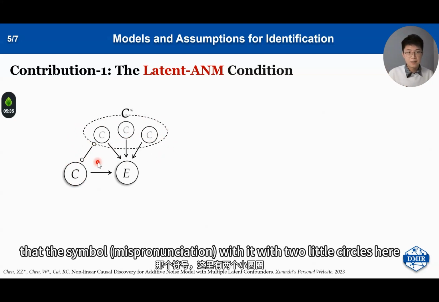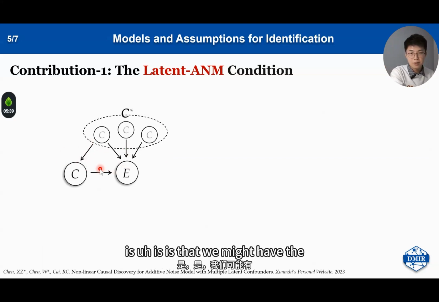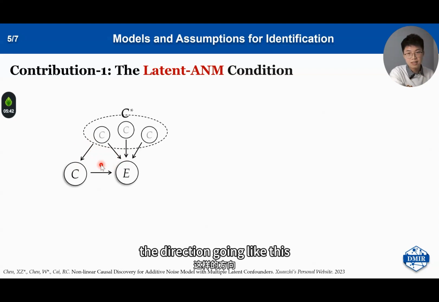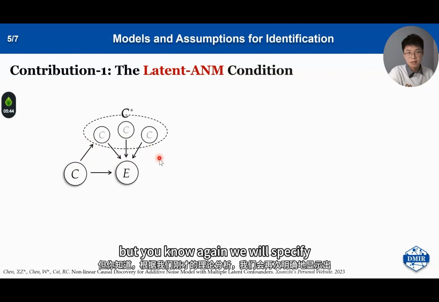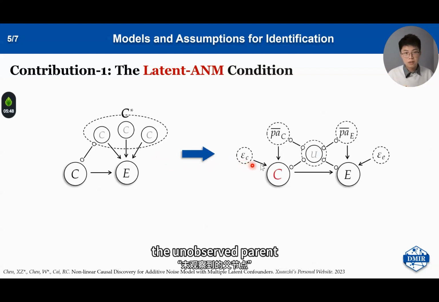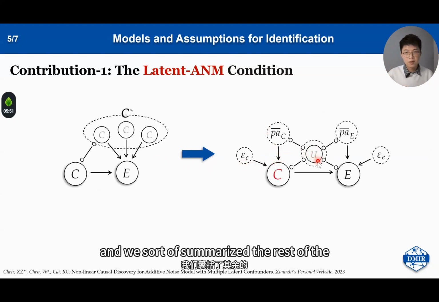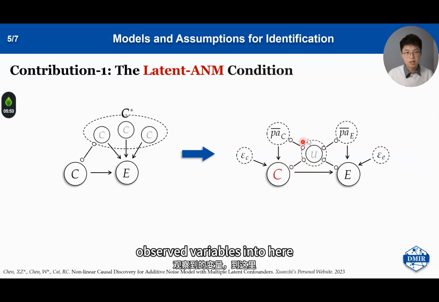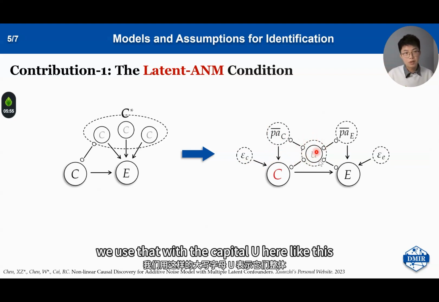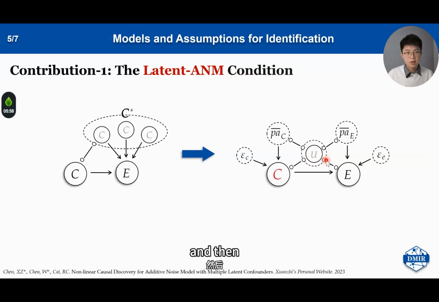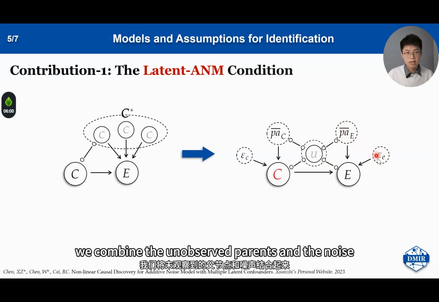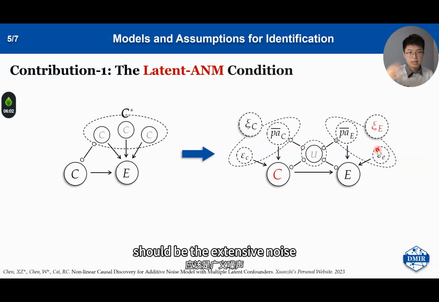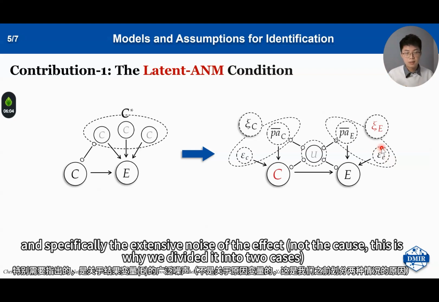And that simple graph with two little circles here means we might have the direction going like this or the opposite one. But again, we will specify the unobserved parent, and we summarize the rest of the observed variables into here. We use the capital U here like this, and then we combine the unobserved parents and the noise to be the extensive noise, specifically the extensive noise of the effect.